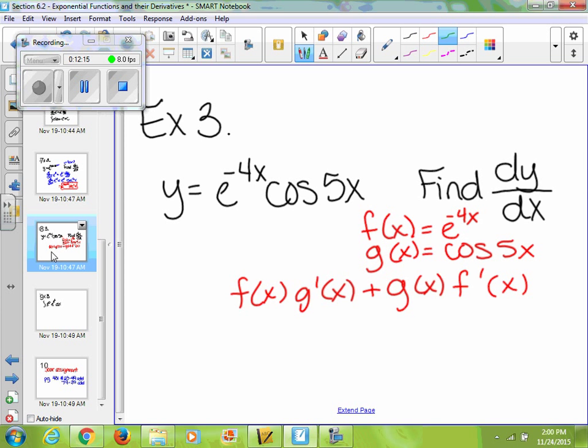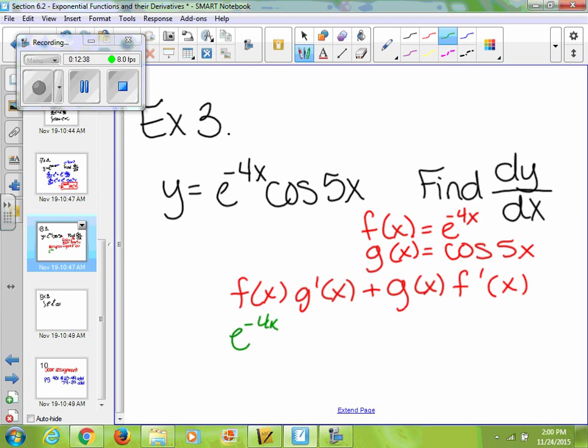If I start by plugging stuff in, f of x is e to the negative 4x. What's the derivative of cosine of 5x? What's the derivative of cosine?